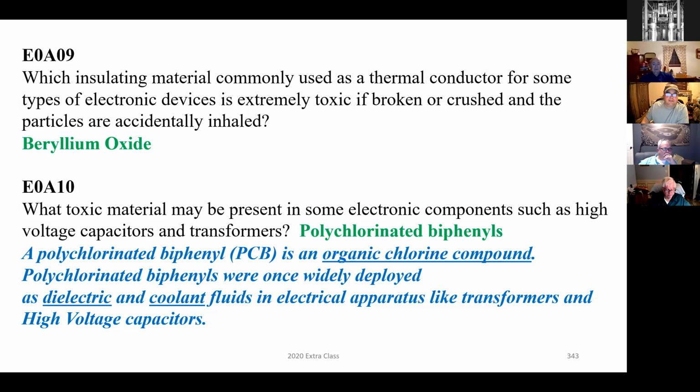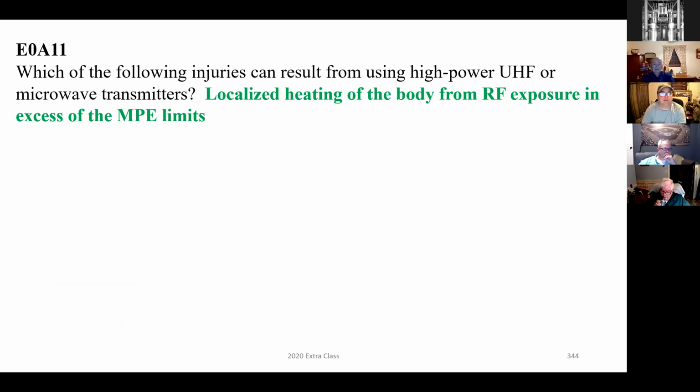But if you play with boat anchor stuff, you may run into that. Which of the following injuries can result from using high power UHF or microwave transmitters? The localized heating of the body from RF exposure in excess of the MPE limits.